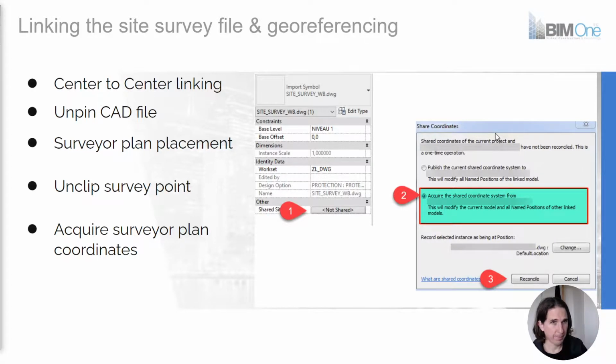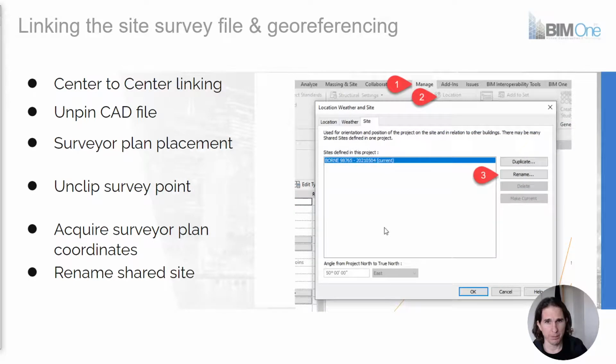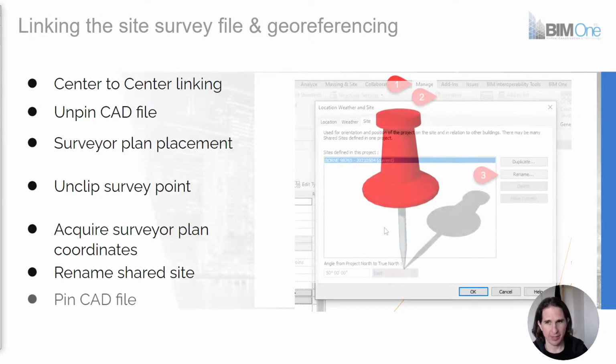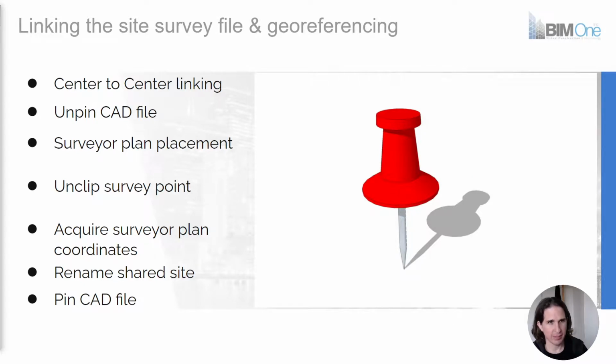Be careful to rename the shared site after that, or while doing it. A good way to rename it would be to use the identifier of the geodetic marker and the date of the geo-referencing for future reference. Then again, pin the CAD and slip it into the protection design option, if not, insert it in view only.